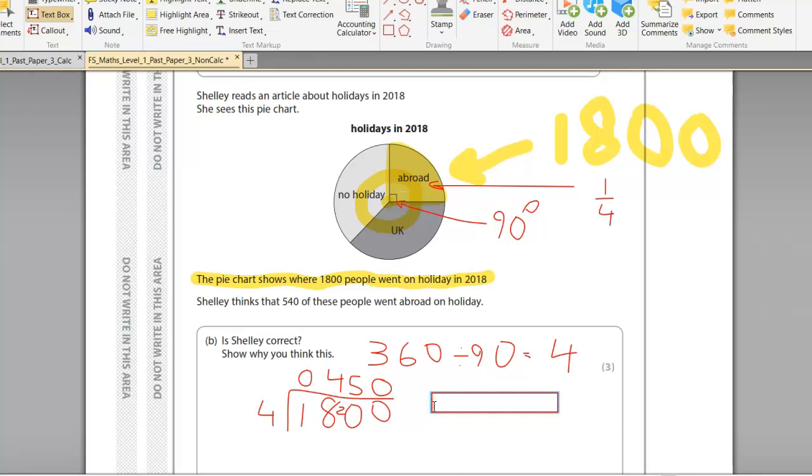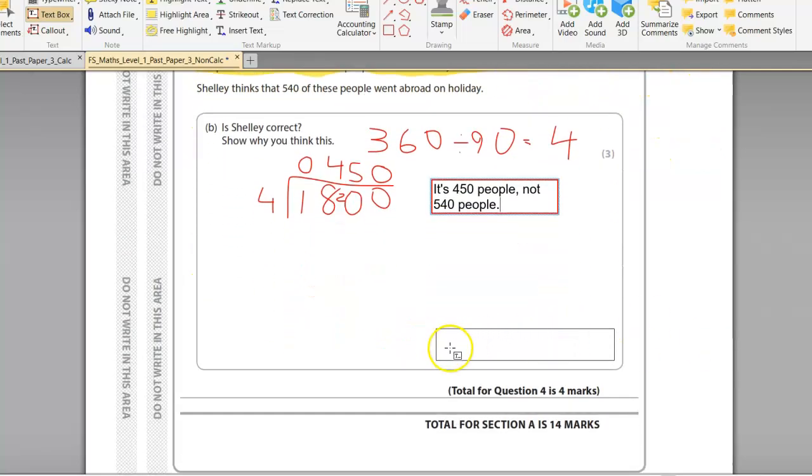So what we can see there is that actually it's 450 people, not 540 people. So what Shelley did is she got the 5 and the 4 the wrong way round. So is Shelley correct? No, Shelley is not correct.